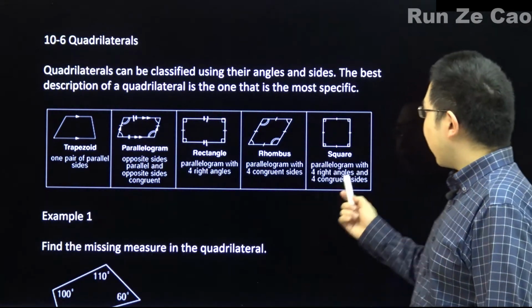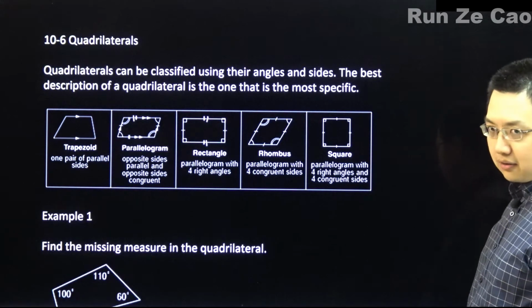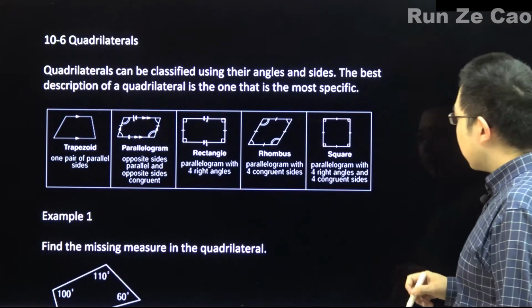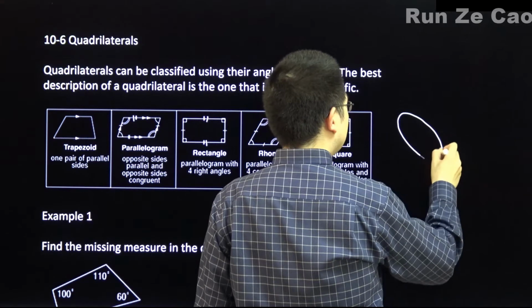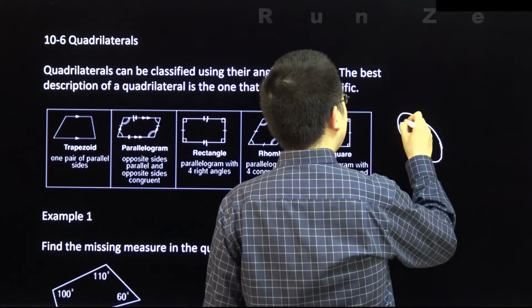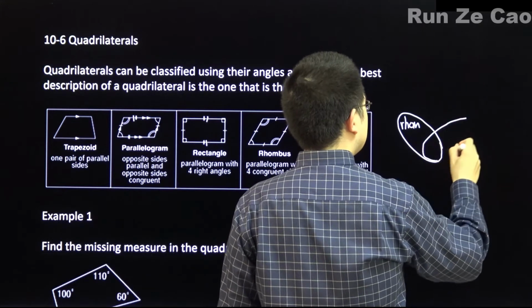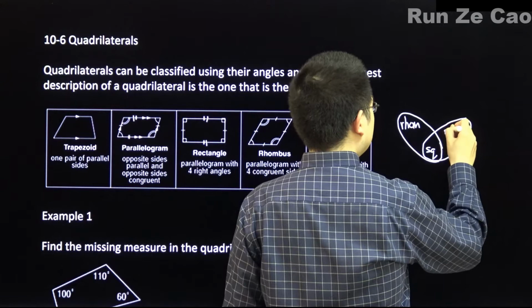So, a square has four right angles and four congruent sides. So a square is where rhombus and rectangle overlap. Rhombus and square, and this is rectangle.